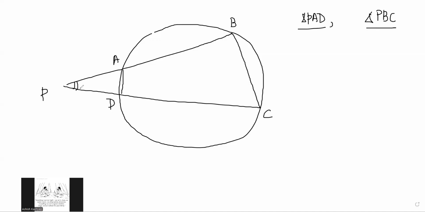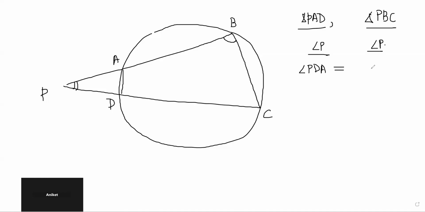First of all, one common angle, right? And sir, angle PDA is equal to angle PBC. Yes, so they are similar by congruency. Now what we can do is PD upon PB is equal to PA upon PC directly.